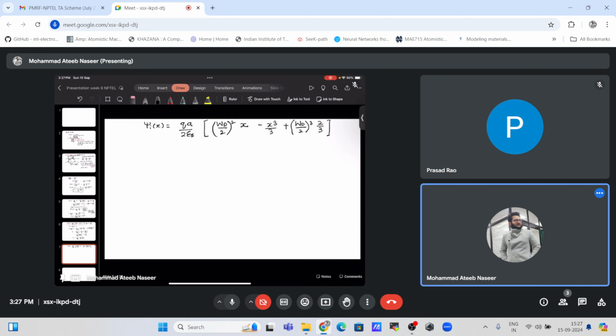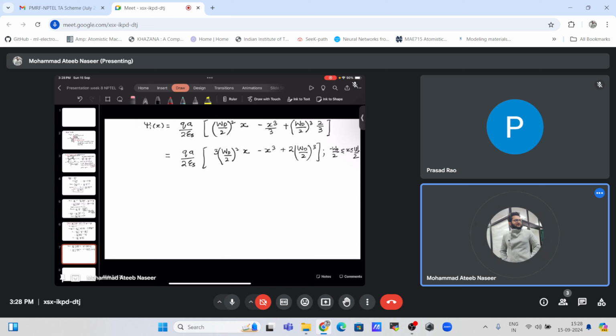Or simply, if I take 3 as common, it will be qA by 2 epsilon s times 3 times (WD by 2) whole square x minus x cube plus 2 times (WD by 2) whole cube, for x lying between minus WD by 2 to WD by 2.